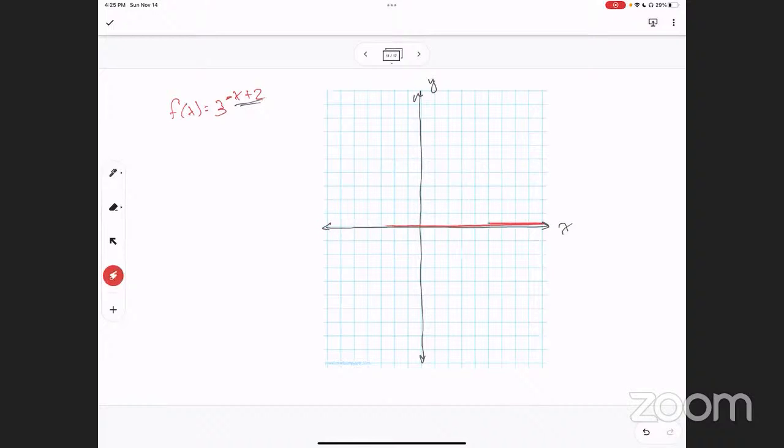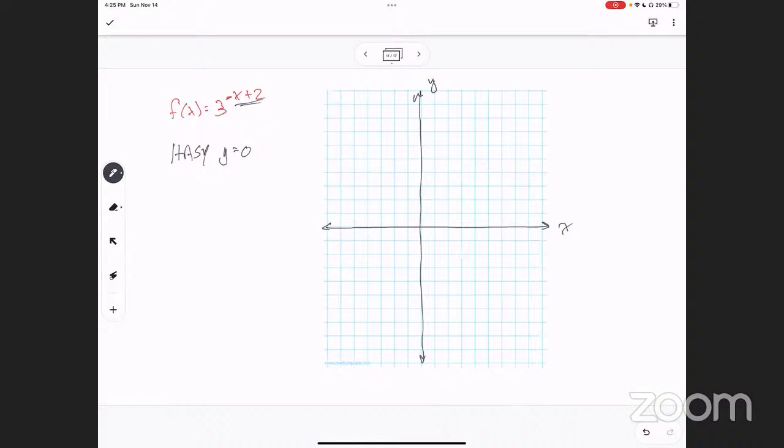So moving left and right is not going to affect my horizontal asymptote. My horizontal asymptote is still just y equals 0.